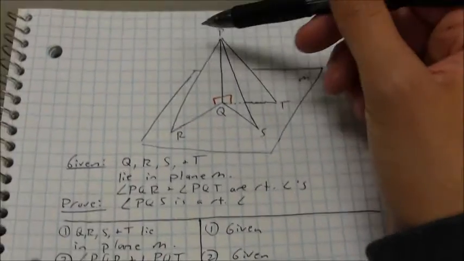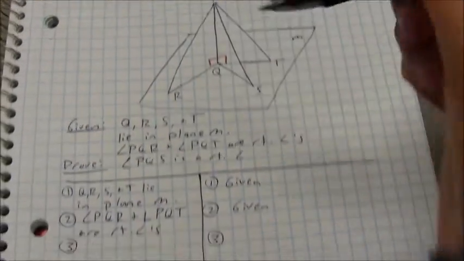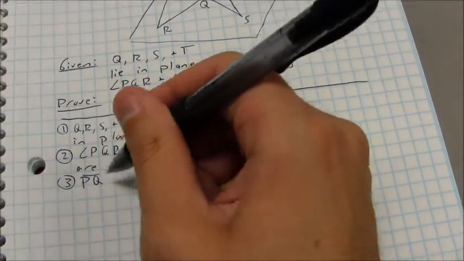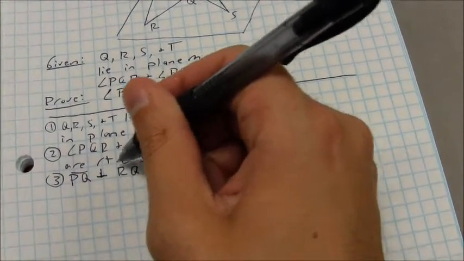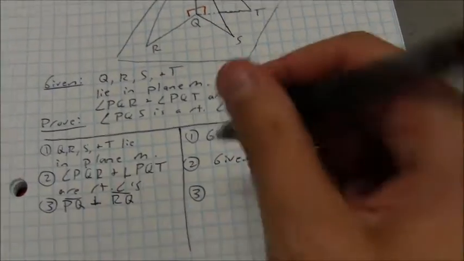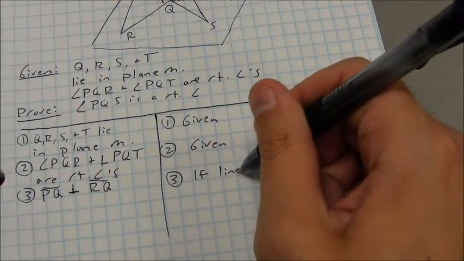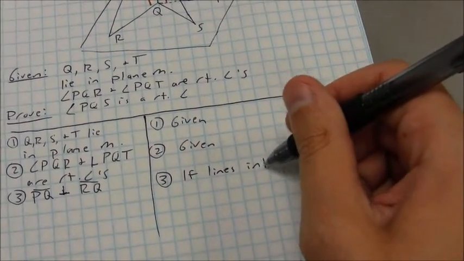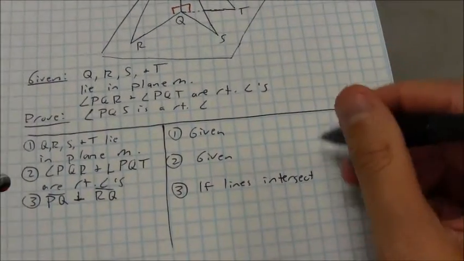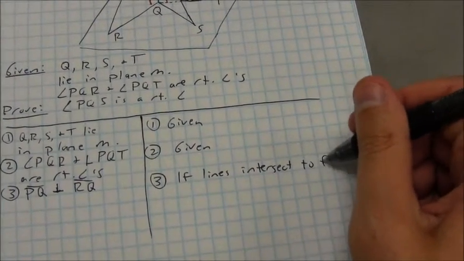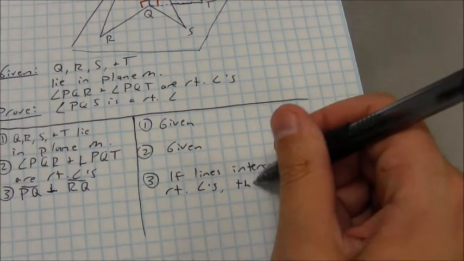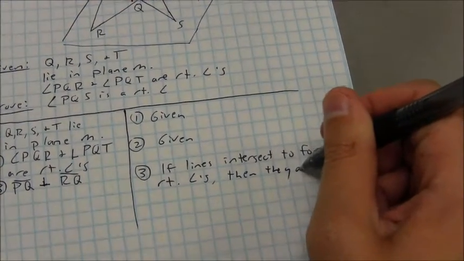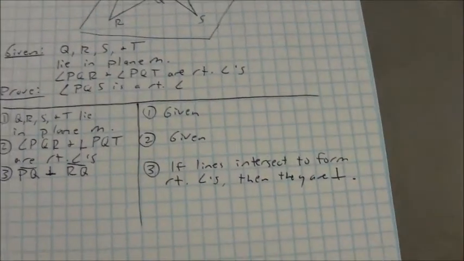So I'm going to state what I know. I know that PQ and RQ are perpendicular, and the reason being, if lines intersect to form right angles, then they are perpendicular.